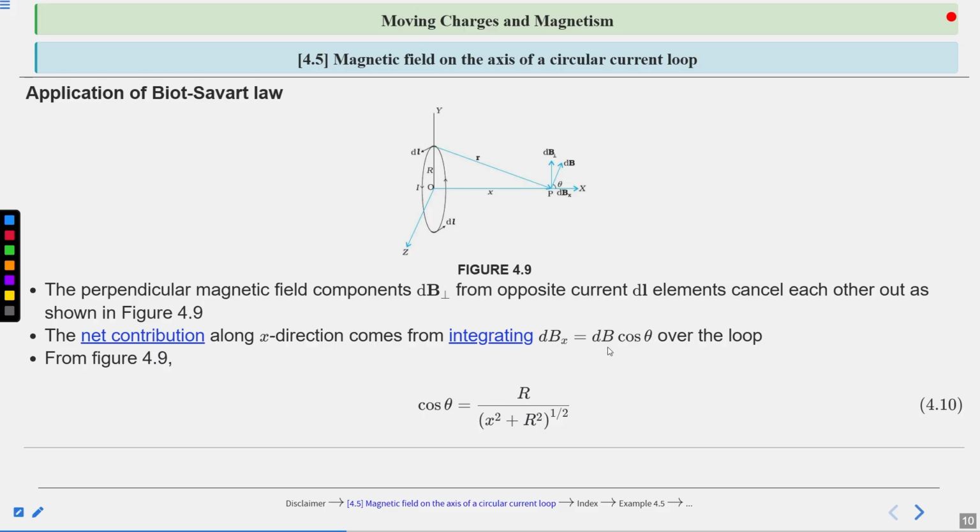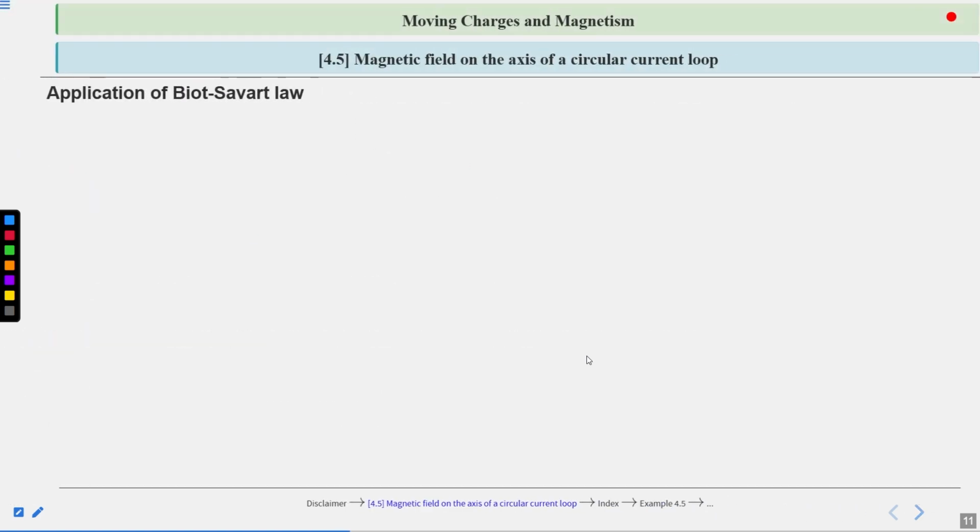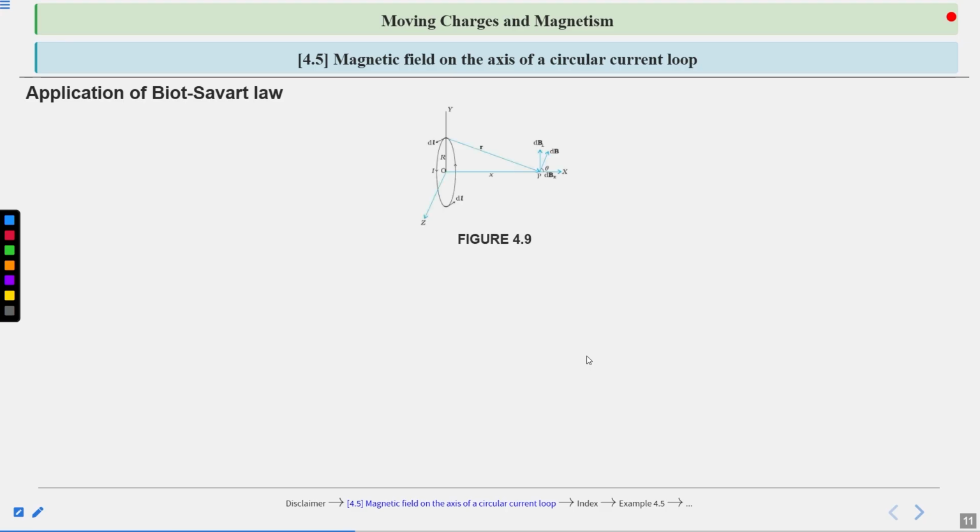So you have to put the value of dB that we found in equation 4.9 and the cos theta that we have just found into dB cos theta and find dBx. From equations 4.9 and 4.10, dBx is equal to, put the value of dB.